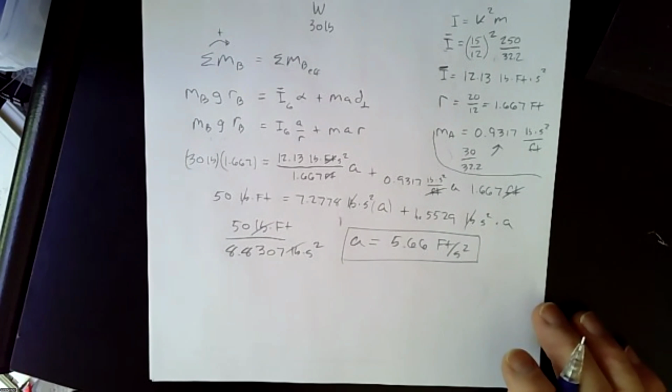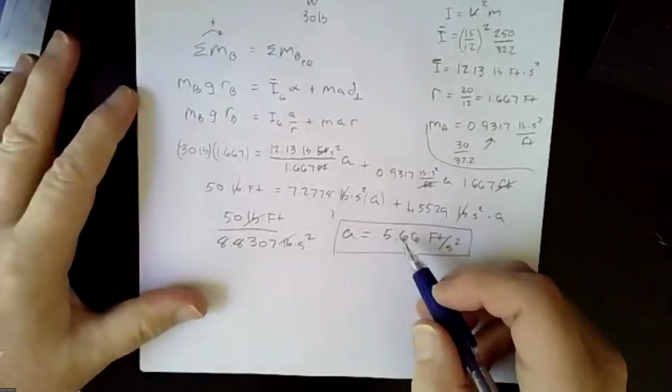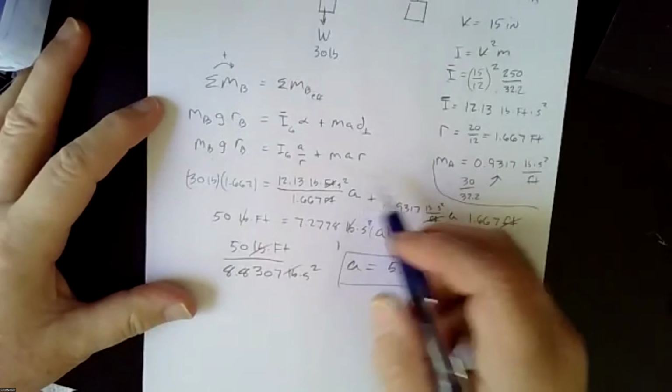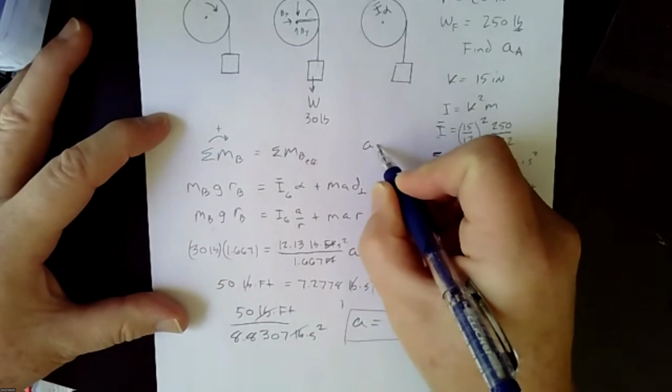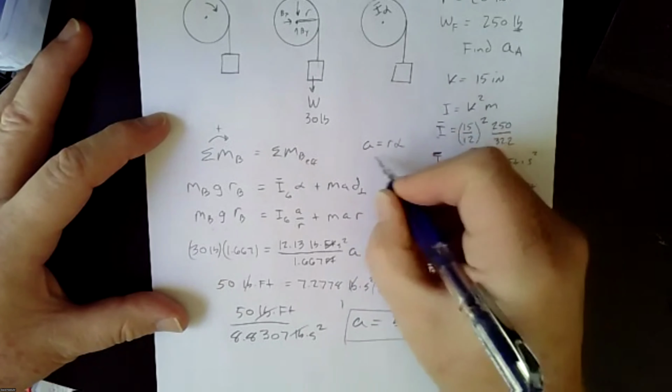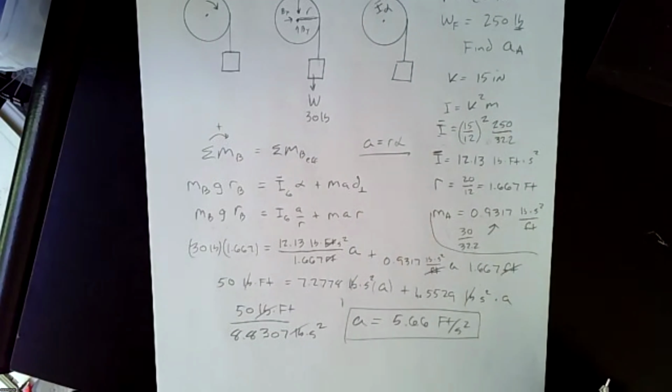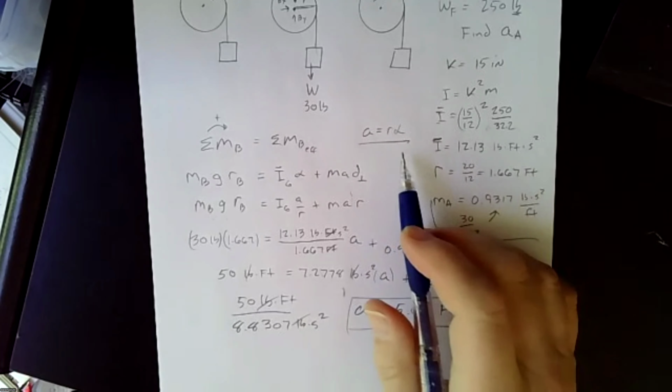So again, there we have it using this substitution. Now the substitution I erased, the acceleration equals R alpha, works as long as there's no slipping. As soon as you're slipping, then it's all out. But fortunately, in our class, very rarely are we going to have slipping. Most of the time, we can use this A equals R alpha.